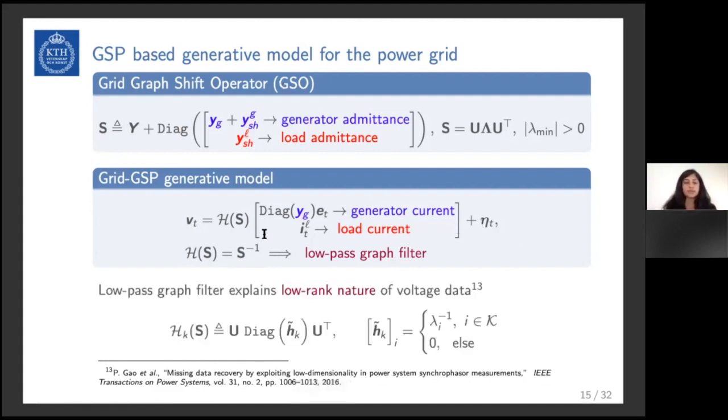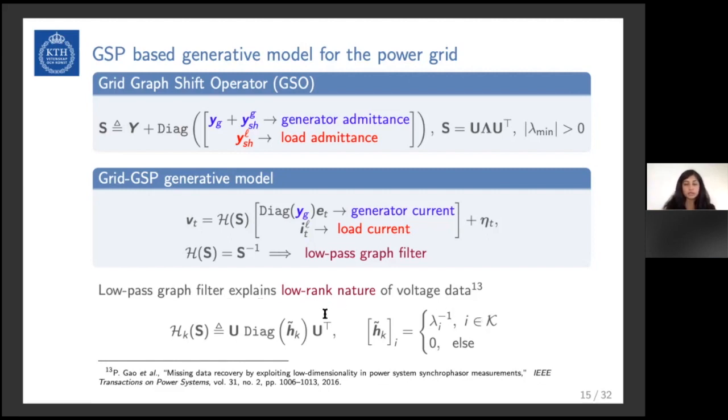And this graph filter is a low pass graph filter. Why is that? Because of the inversion, we are changing the ordering of all of the eigenvalues and how they act. And that's why this low pass graph filter can explain the low rank nature of voltage data.